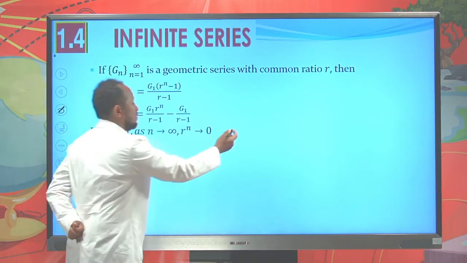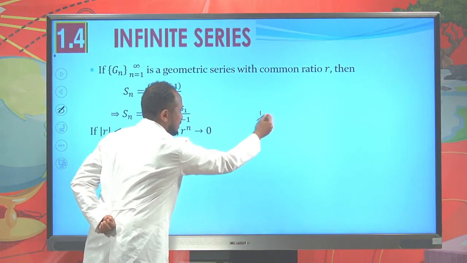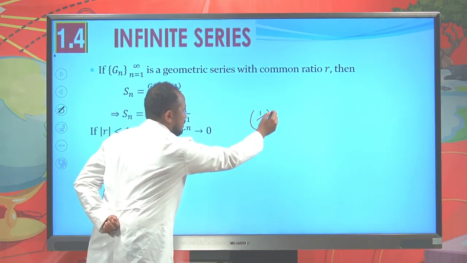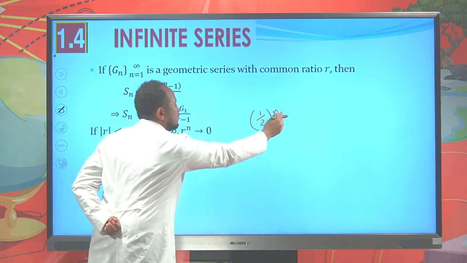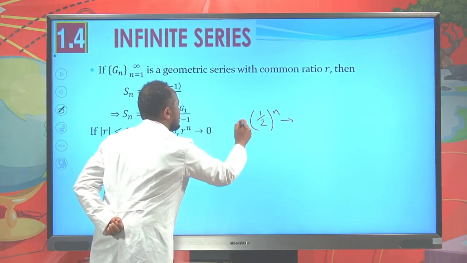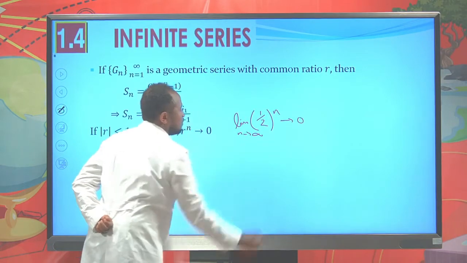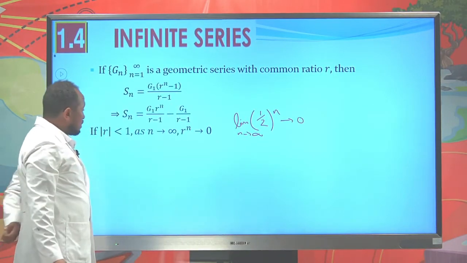Let's take 1 over 2. If you take 1 over 2, we have seen this earlier, 1 over 2 to the power of n. When n goes to infinity, let's take the limit of this one. The limit, when n goes to infinity of this term, goes to 0.